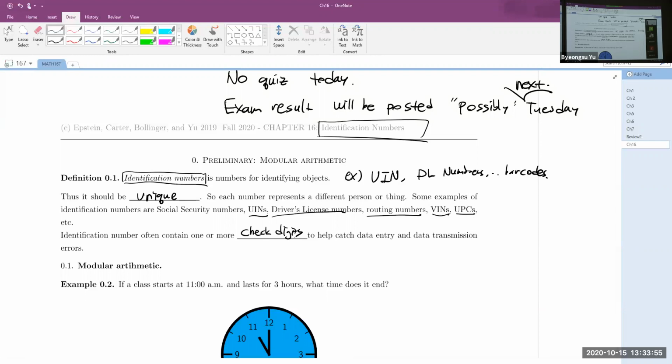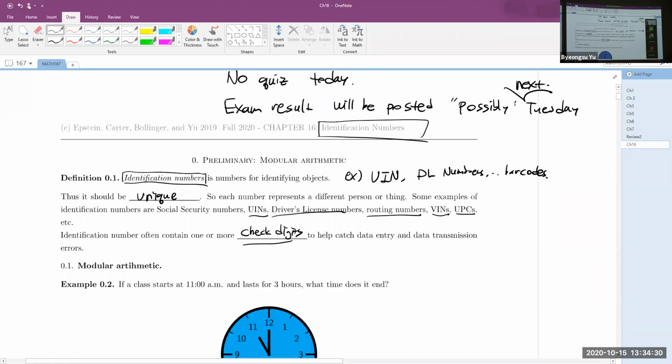For example, if you just assign driver licenses as 1, 2, 3, and so on, then someone who didn't get a driver license but wants a fake one might just make up a number and show the police that it's their driver license number. So to figure out whether a given number is correct or not, many institutions give check digits to help catch data entry and data transmission errors.